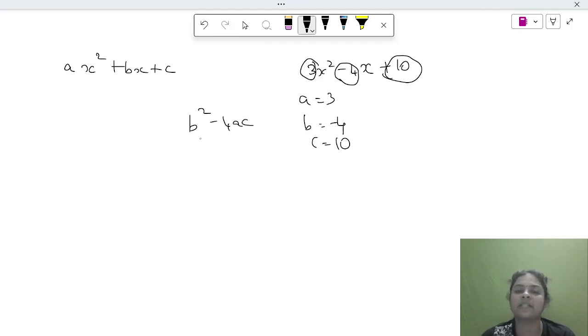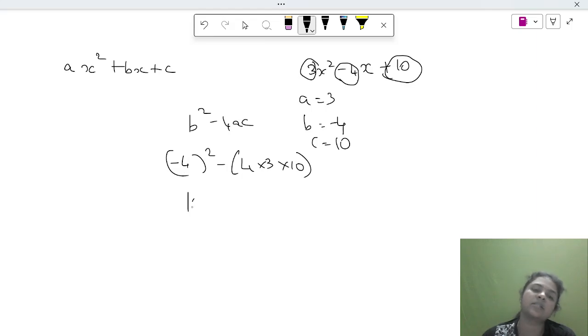So for example, let's calculate here. Minus 4 square minus 4ac, 4 into 3 into 10. So the answer is 16 minus 4 times 30, that is 120. So the answer is minus 104.